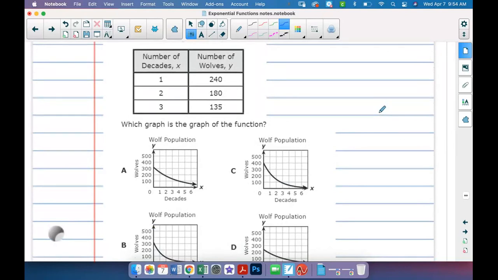So again, you just pick a point and see if it lands on the graph, okay? If I pick this first one, 1 and 240, we want to see if it lands on the graph. So go ahead and check.